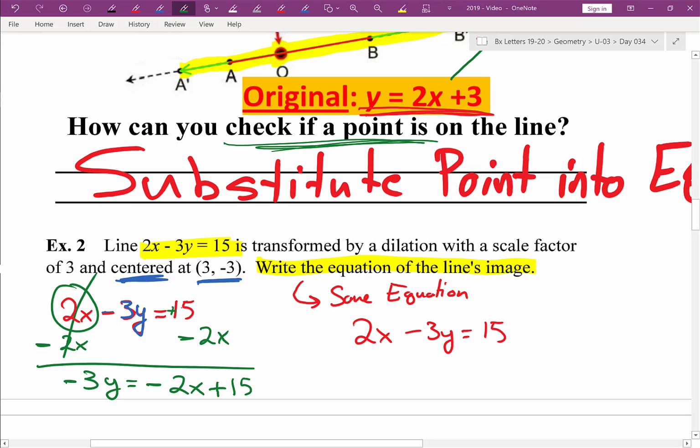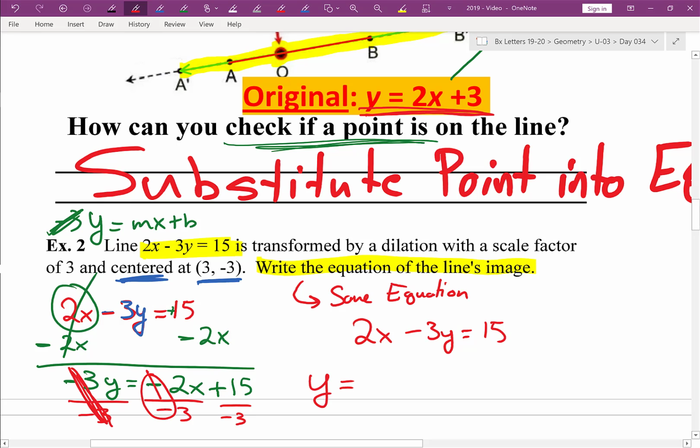And this is good. This is looking like y equals mx plus b. It's just we've got this minus 3, and we want to get rid of that. That's why we're going to divide both sides by minus 3. And everything gets divided by minus 3. So those will cancel. We'll be left with y equals. The negatives will cancel, and all we'll be left with is this 2/3.